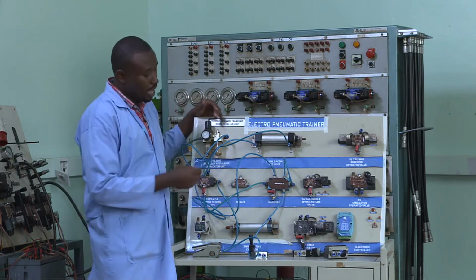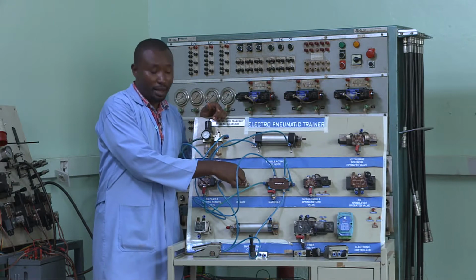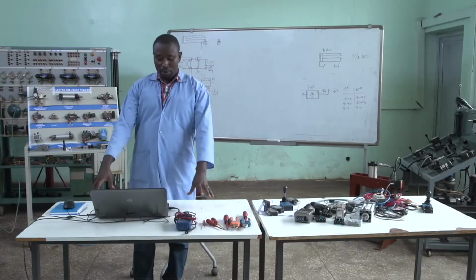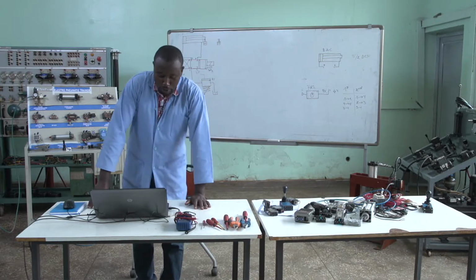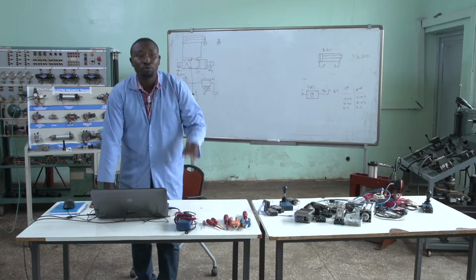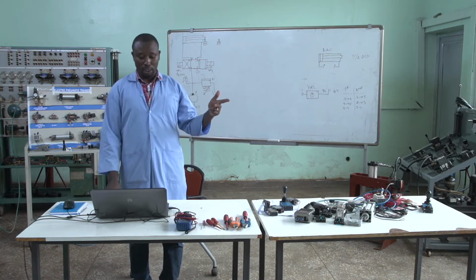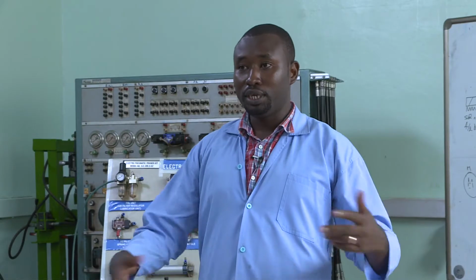And from there, I will have to use a valve, so-called OR gate. You remember the OR gate. So I'm going now to show you how to control a cylinder from two separate locations. And this time we're going to see OR logic and AND logic, and when to use OR and when to use AND.